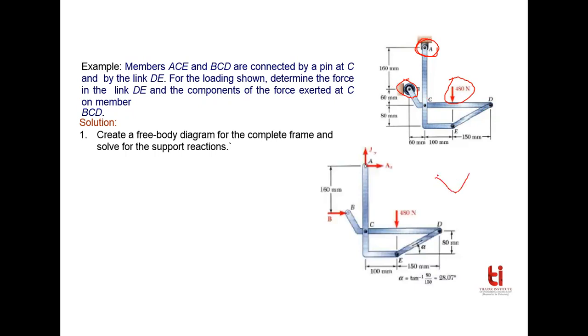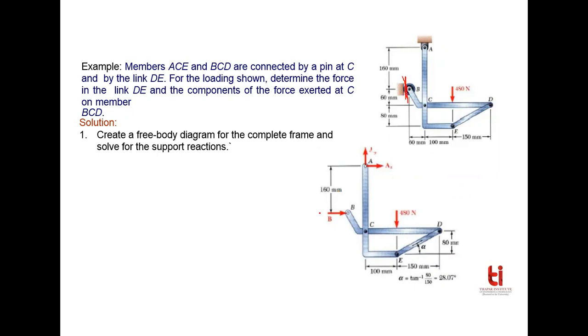So this is our FBD, and it is very obvious that at the hinge joint we will get a vertical reaction and a horizontal reaction, and at the roller support we will just get one reaction that is perpendicular to the plane at which this roller is placed.